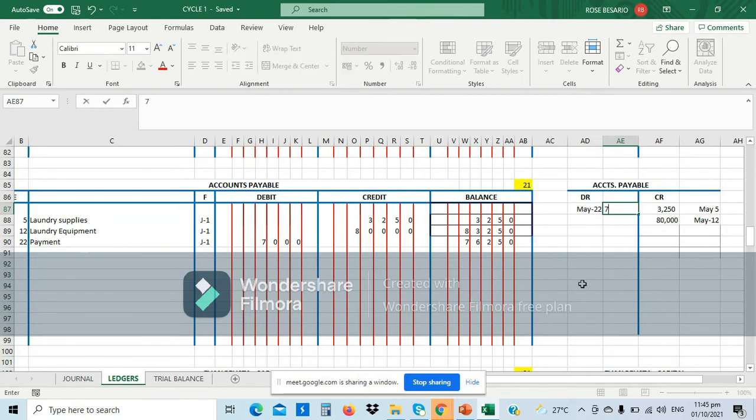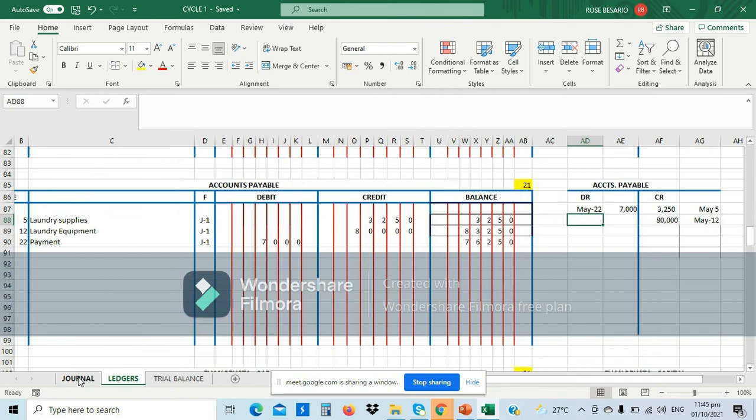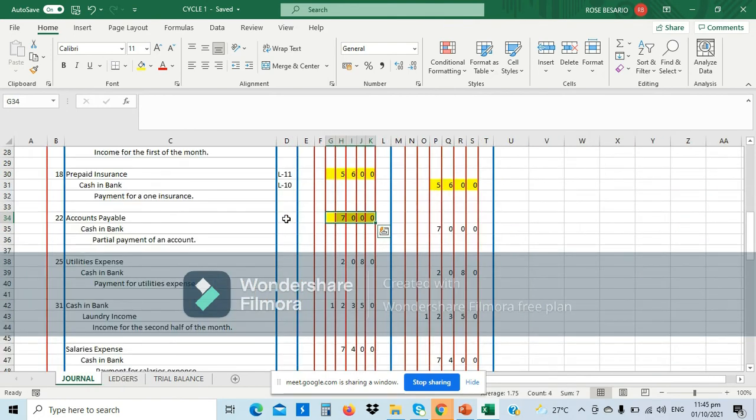And that is 7,000. Okay? Then this is transferred to L21. So L number 21. And then we'll have cash in bank. So we know it's L-10.